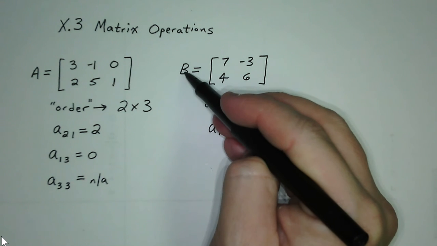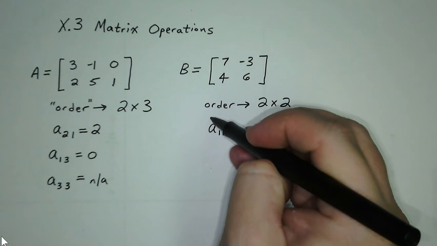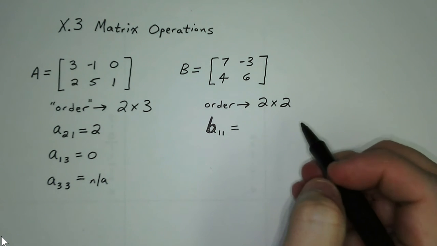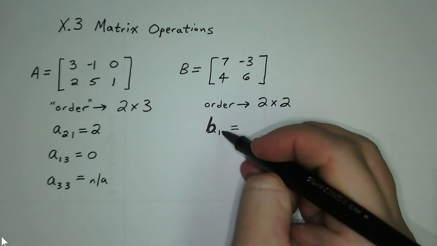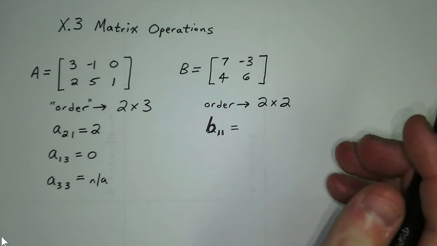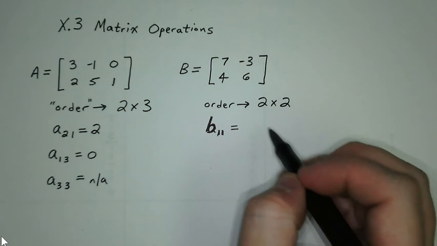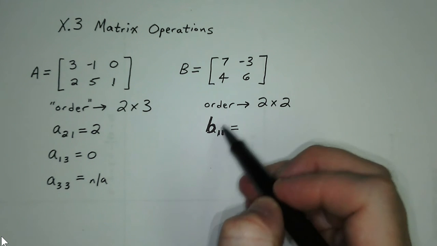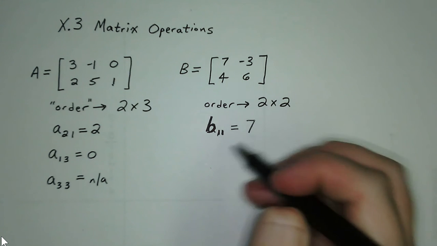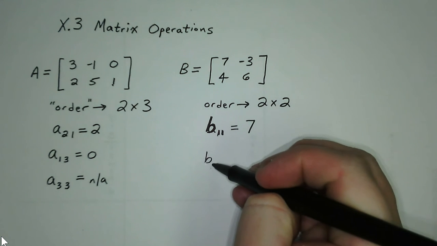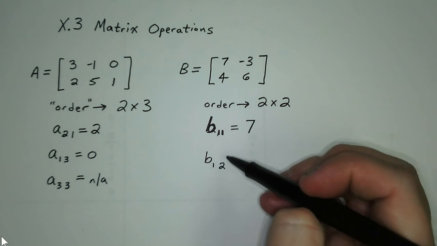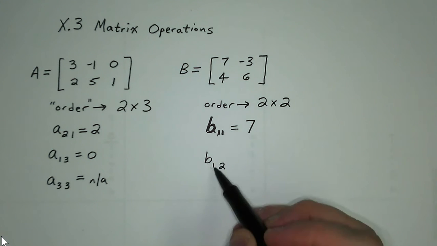If this was matrix B, then I should be using little b for the elements. So, that was a little embarrassing. So, B sub 1, 1, where's that? Remember, that's row 1, column 1, so that would be the 7. And then if I wanted B sub 1, 2, again, where's that?